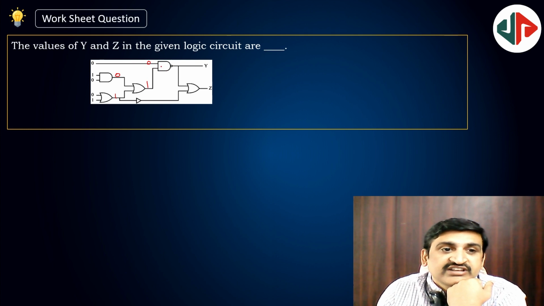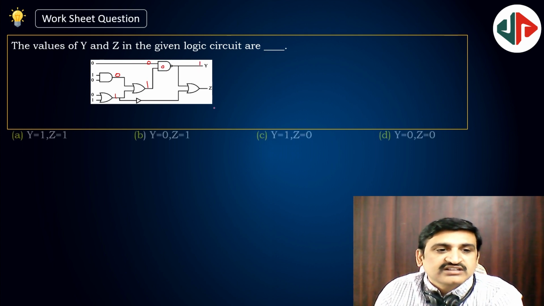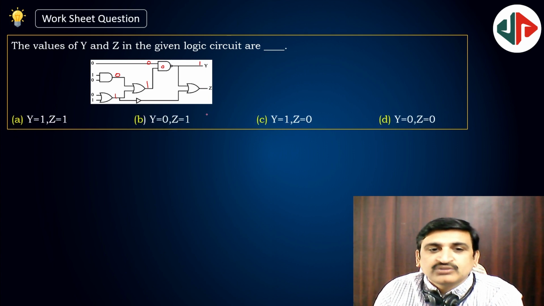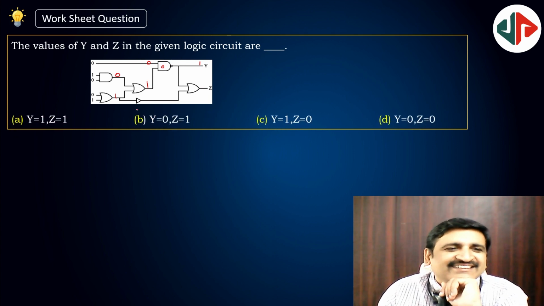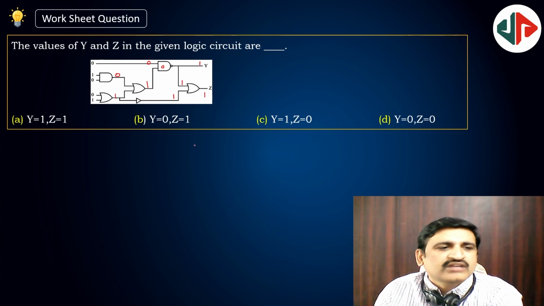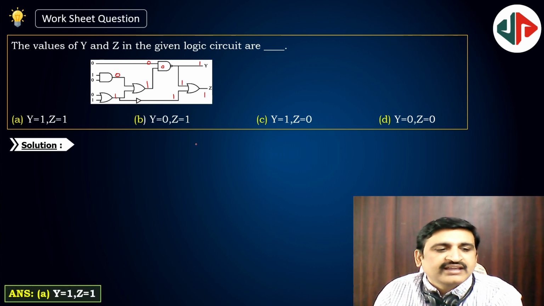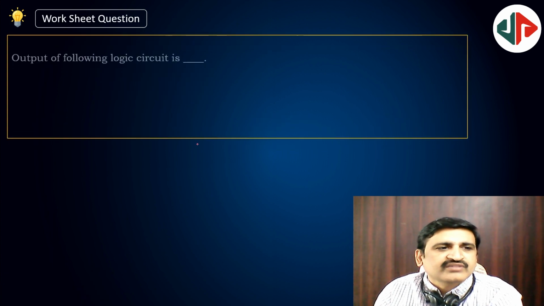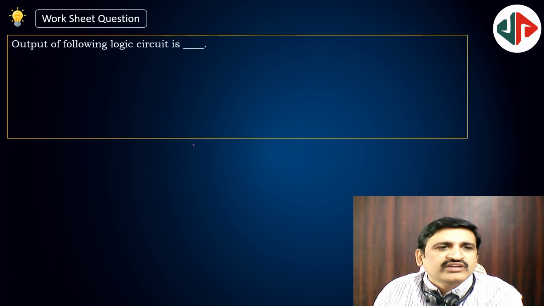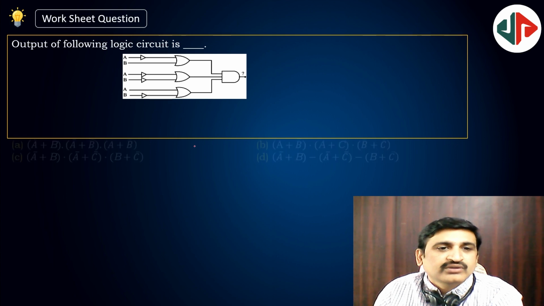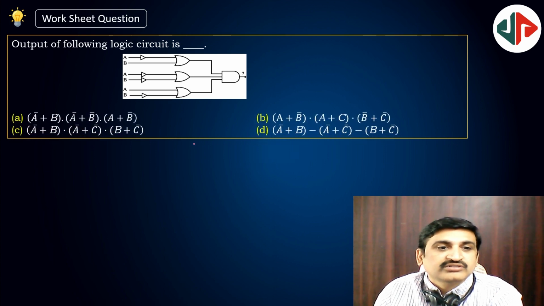AND first will give you 0, NOT will give you 1. So the Y value is 1. After that, just a diode, so 1 will come, and this is also 1, which will give you 1 only. So both are 1. So option A.